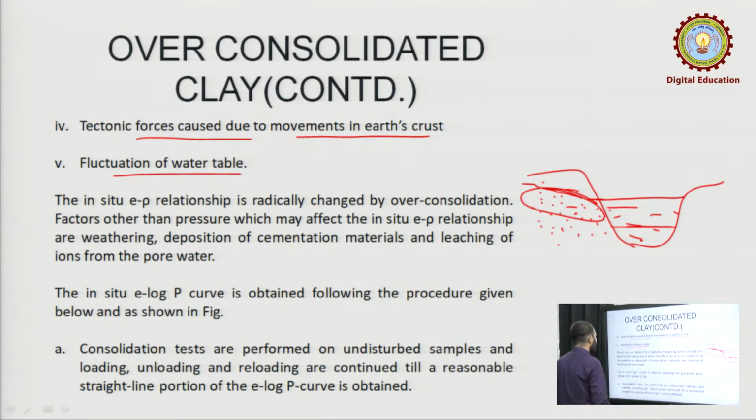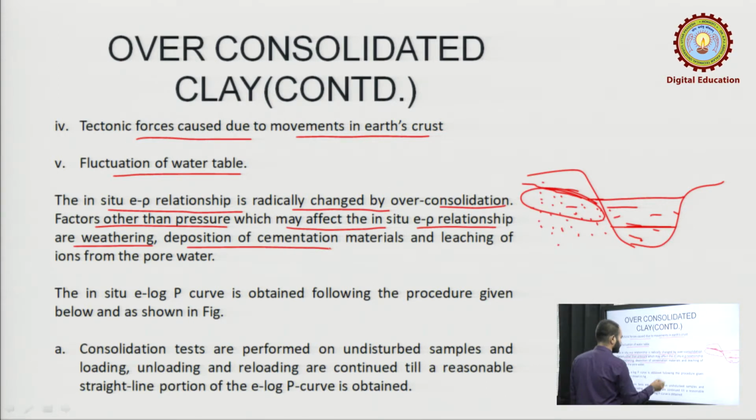The in situ e-p relationship is radically changed by over consolidation. Factors other than pressure which may affect the in situ e-p relationship are weathering, decomposition or deposition of cementation materials, and leaching of ions from the pore water. This is not of much relevance.